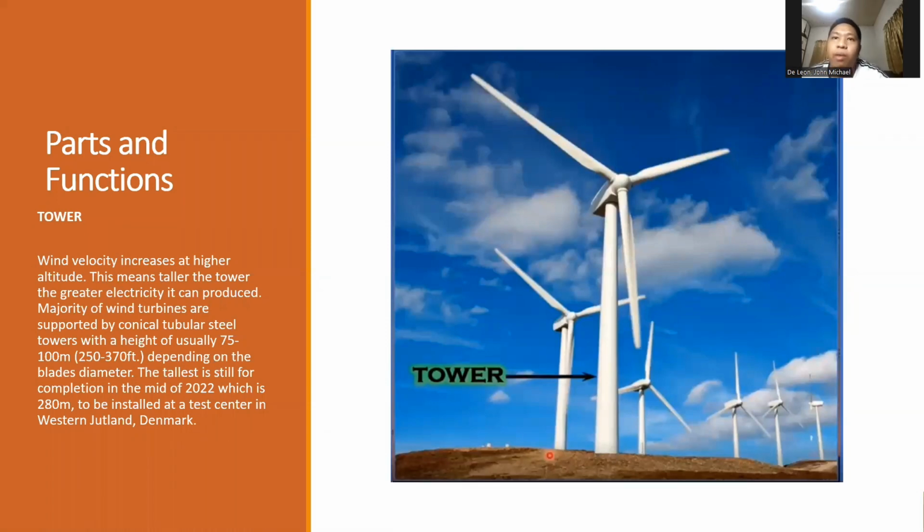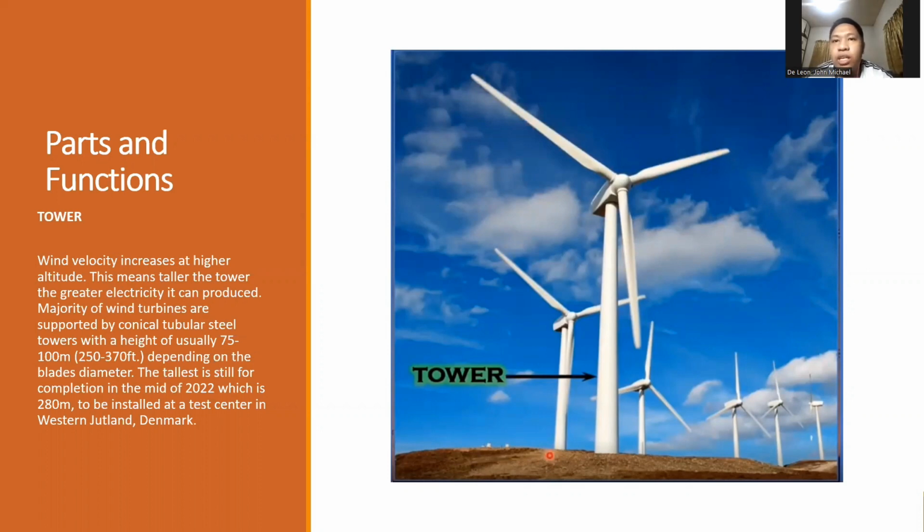Tower, ayan tower, yung parang malaki lang. Wind velocity increases at higher altitude. So mas mataas, mas malakas yung hangin. This means the taller the tower, the greater the electricity it can produce. Majority of wind turbines are supported by conical tubular steel towers with a height of usually 75 to 100 meters, about 250 to 370 feet, depending on the blade's diameter.